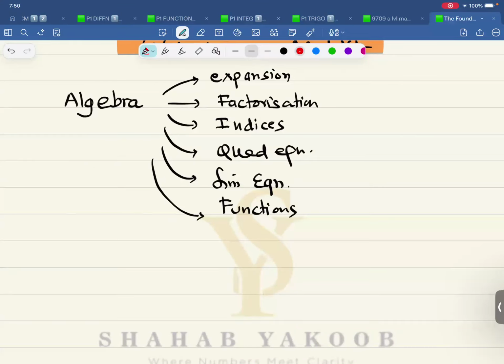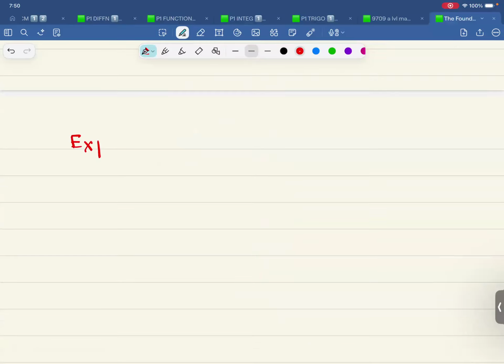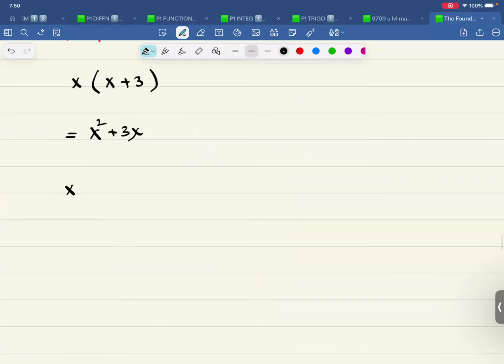So now if I talk about the first thing, which is expansion, we all know how to expand something algebraically. For example, x multiplied with x plus 3. So this becomes x squared plus 3x. Something like x plus 1 into x plus 2.